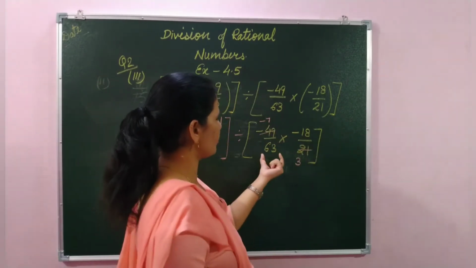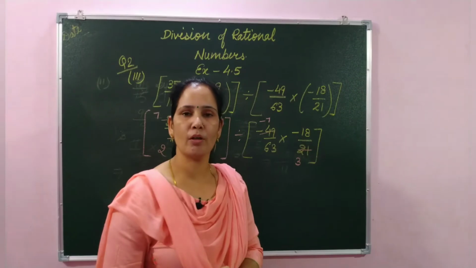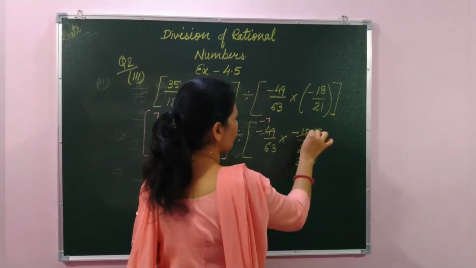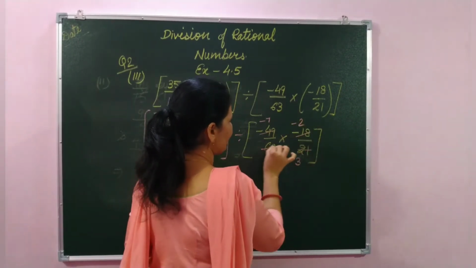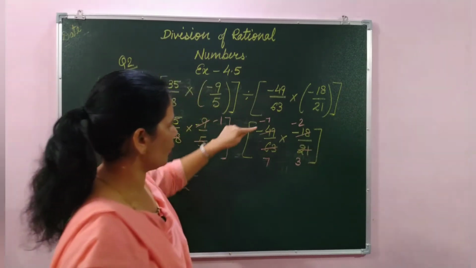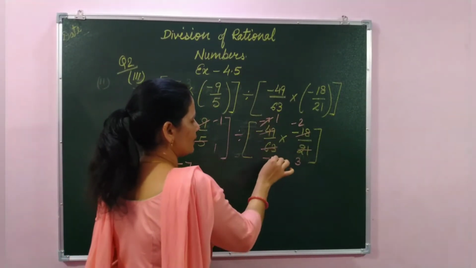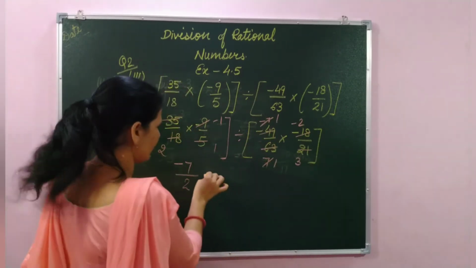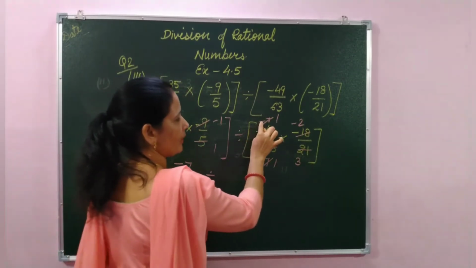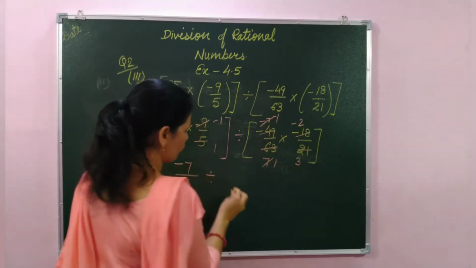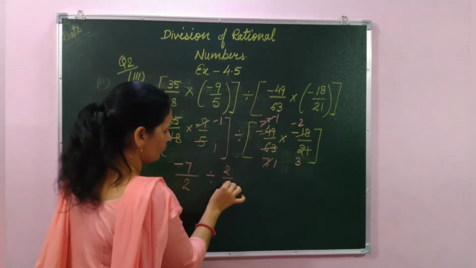Okay, and 63 and 18 are both multiples of 9. 9 2s are 18 and 9 7s are 63. Then we observe this 7 is also possible to cancel. So 7 1s are 7 and 7 1s are 7. The sign is here divide, minus minus plus. So from here we get 2 by 3.